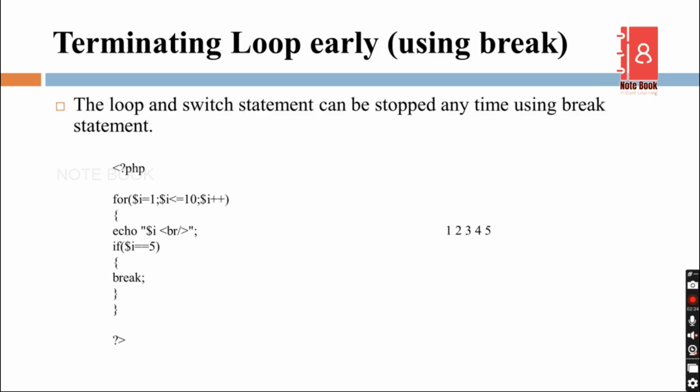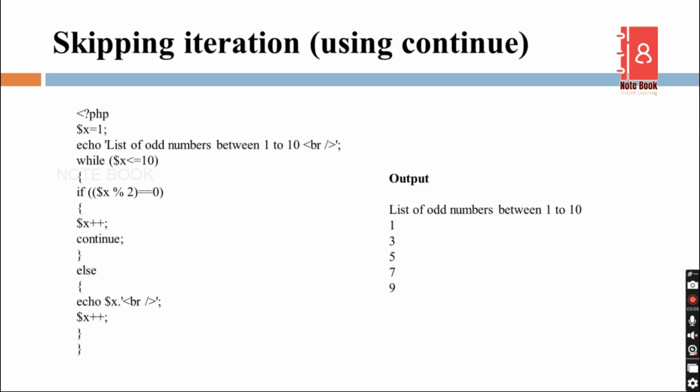First, $i is initialized as 1, so 1 comes, then it is incremented to 2, then 3, then 4 and then 5. When $i is 5, 5 is equal to 5, it's true. So it prints till 5 and then after 5 it breaks the loop. This is an example of using the break statement to break the loop.